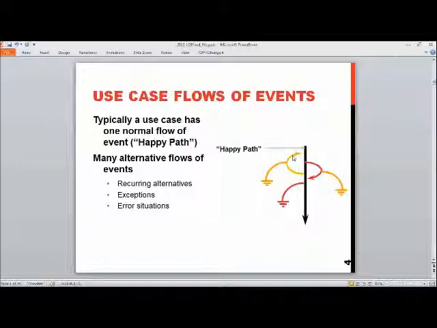The happy path is the normal or default flow of events, meaning that this event chain is actually the one you should be following when you design, for example, how customer identifies themselves or signs into the system, and all the other alternative flows of events describe how different errors happen if we don't have connection to server, or if we don't have correct password, or the customer has expired account, or things like that.